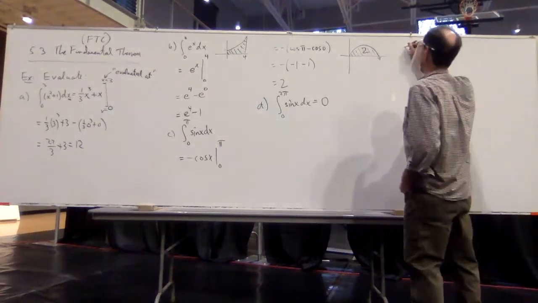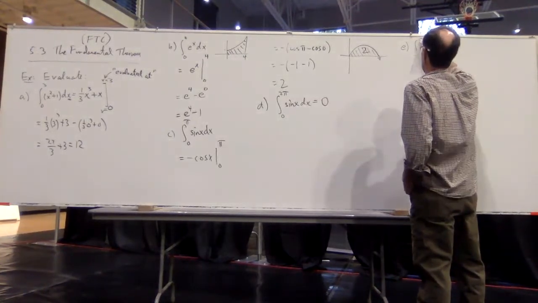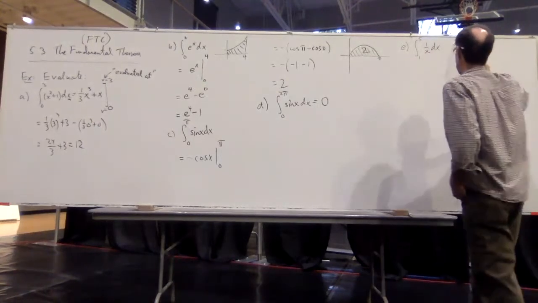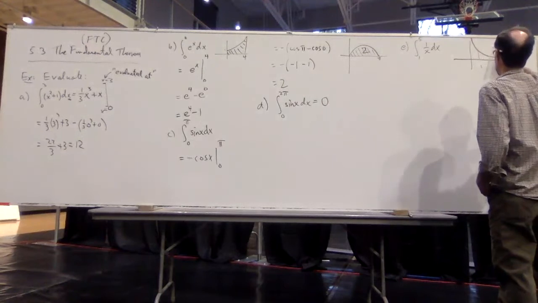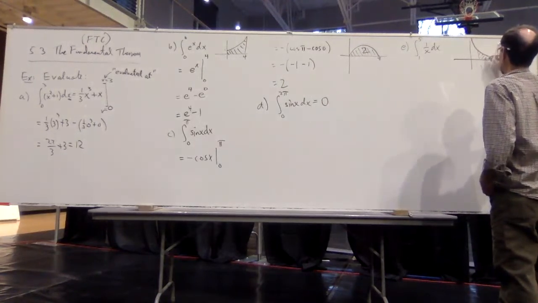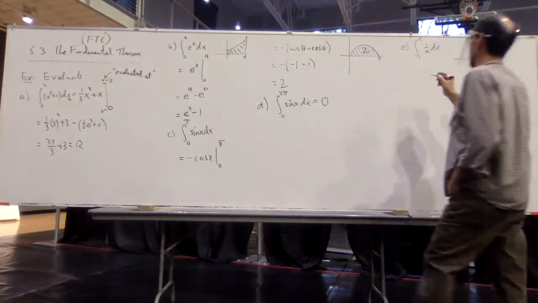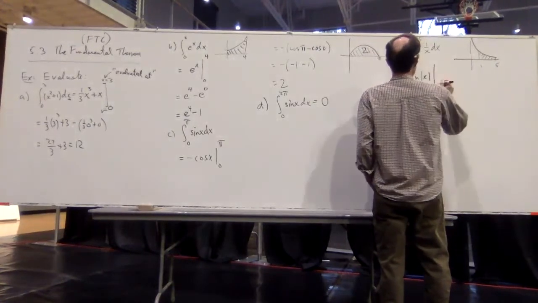E. The integral from 1 to 5 of 1 over x dx. Looking for that area. The antiderivative of 1 over x is ln of the absolute value of x, evaluated from 1 to 5.